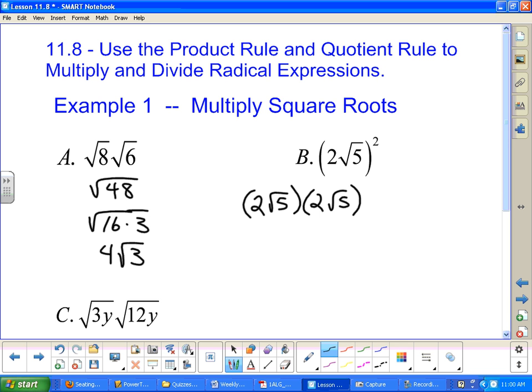Now, multiplication is commutative, right? Everybody knows what commutative is? Anybody not remember what commutative is? It's okay if you don't. That means that I can multiply in any order I want. So my suggestion to you is when you have numbers and radicals multiplying, that you change the order.